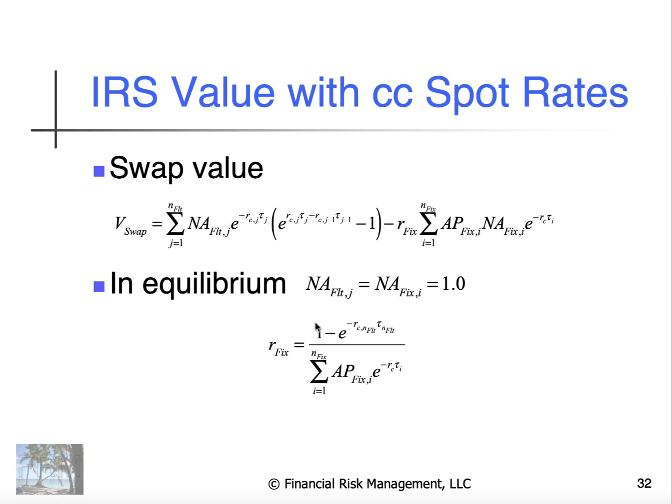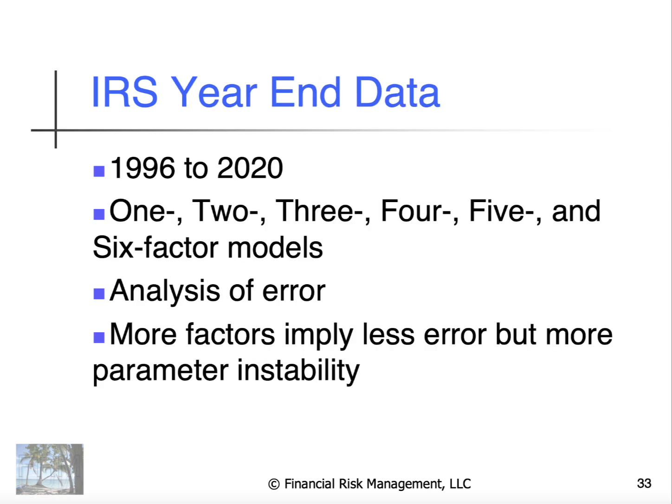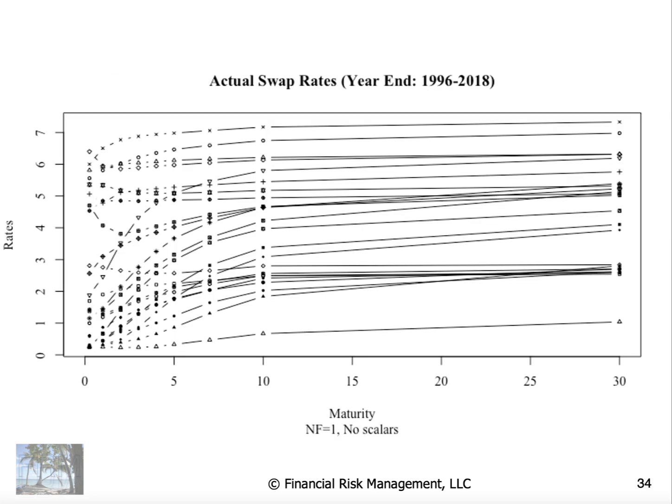Again, it's just 1 minus the last discount factor divided by the sum of the discount factors adjusted by the accrual period. We'll look at some data using 1 to 6 factor models. We'll analyze the error just to give you a feel for how this data works. This is the actual swap rates from 1996 through 2018, and we'll notice a variety of shapes.